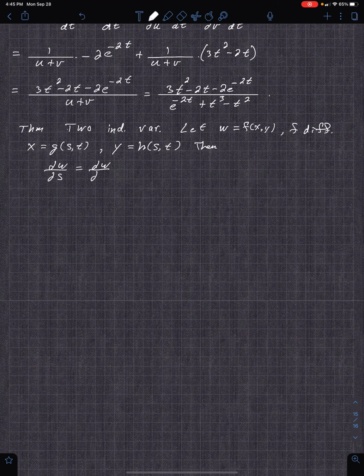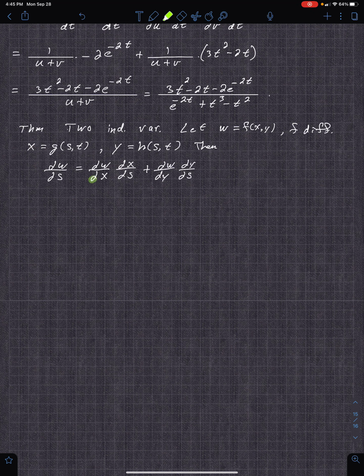And then now that's got to be a partial x with respect to s plus partial w with respect to the next variable, y, and then partial y with respect to s. One thing to look for is these should be the same, like that. Okay, and then now try what would partial w with respect to t be.